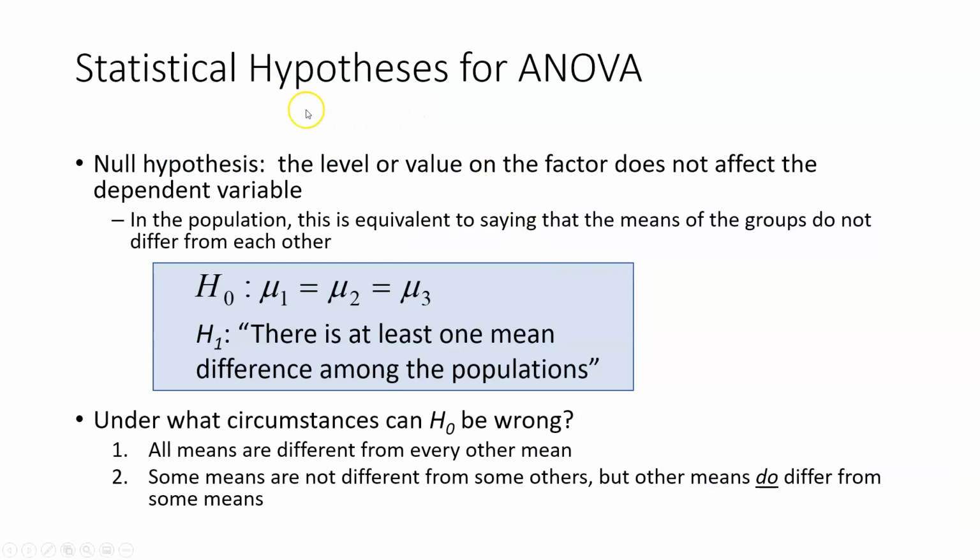Okay, so when you're running an ANOVA, you have to write out your statistical hypotheses, just like we've been doing for the last several modules. The null hypothesis is that the level or value on the factor does not affect the dependent variable. So whichever condition or level you're in doesn't have any impact on the dependent variable.